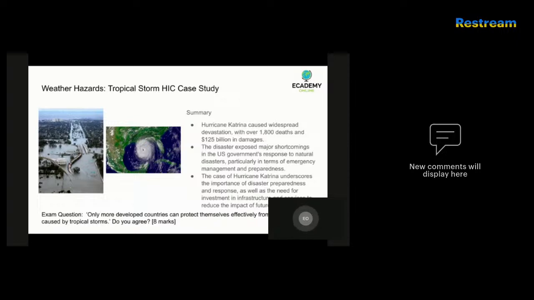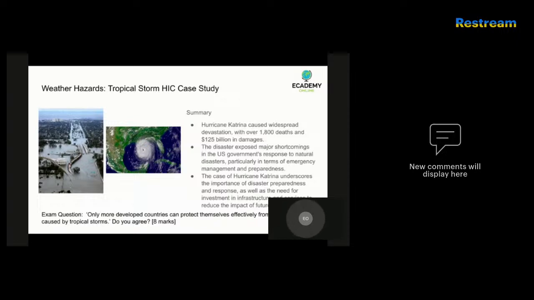The case of Hurricane Katrina underscores the importance of disaster preparedness and response, as well as the need for investment in infrastructure and services to reduce the impact of future disasters. It also highlights the importance of addressing social inequalities and the vulnerabilities that can exacerbate the impact of such natural disasters.